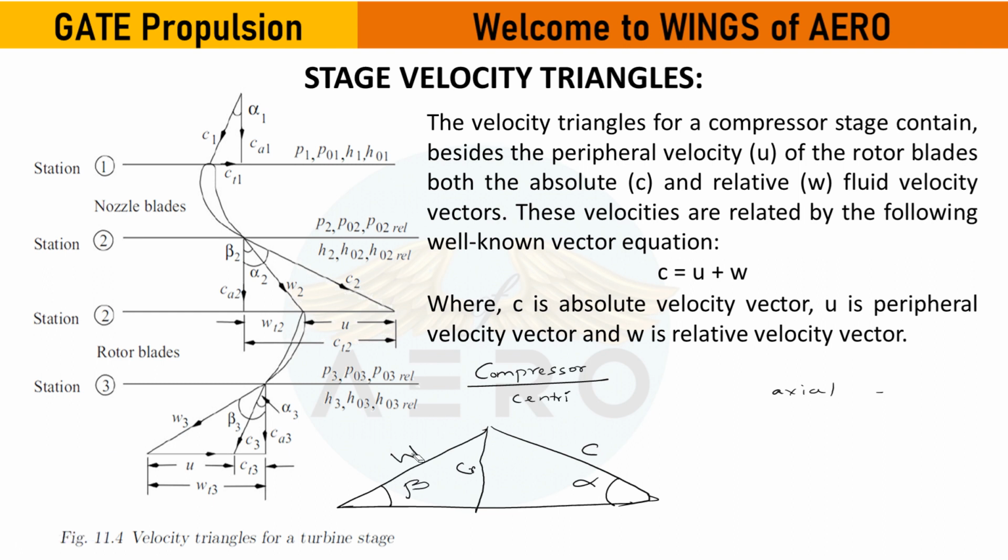Or we can make it vice versa as well, C alpha, W beta, right? And the distance between this and this was our U. Am I right? Just let me know.